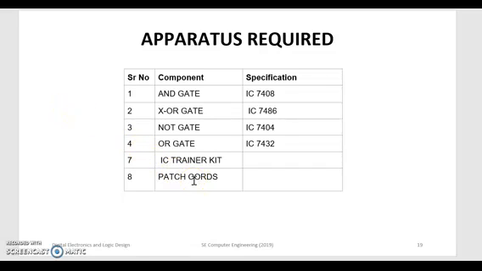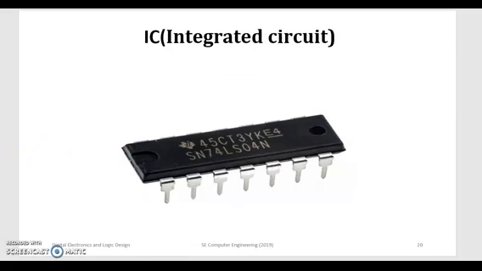So now the question will arise: what do these ICs look like, how does the trainer kit look, how are the patch cords, and how are we going to use all these equipments to design the circuit. We first see these ICs, then we'll see the patch cords and how they look, and then we'll see this trainer kit and how to mount ICs and use patch cords on the trainer kit.